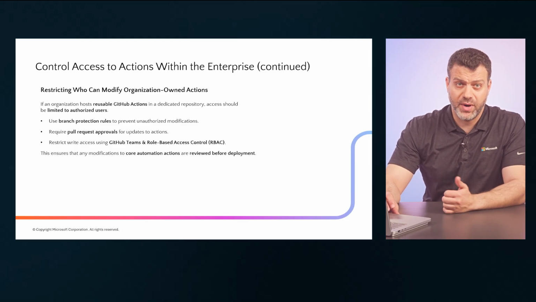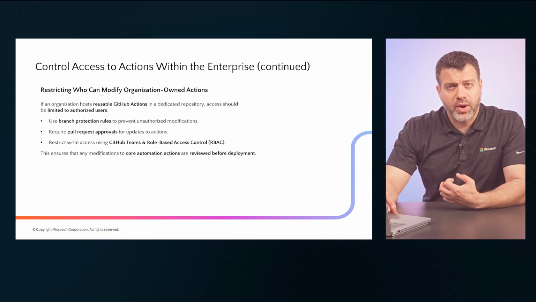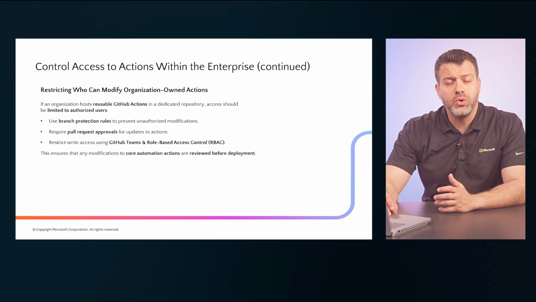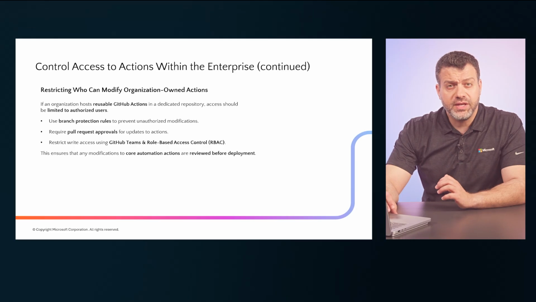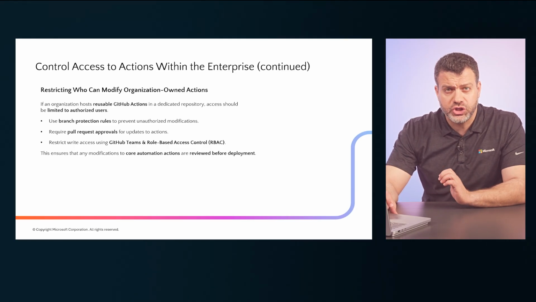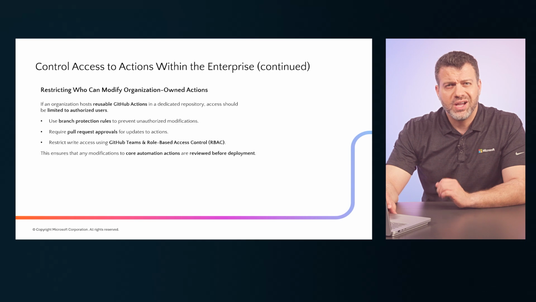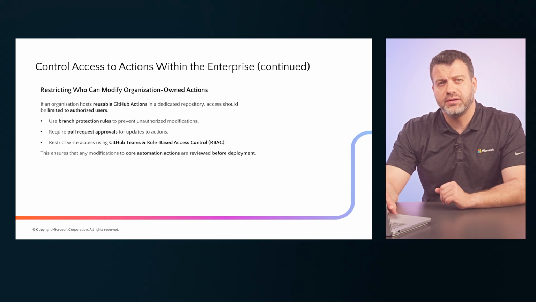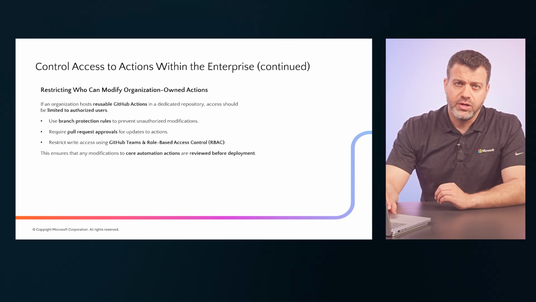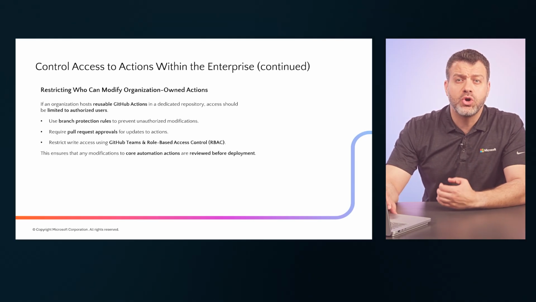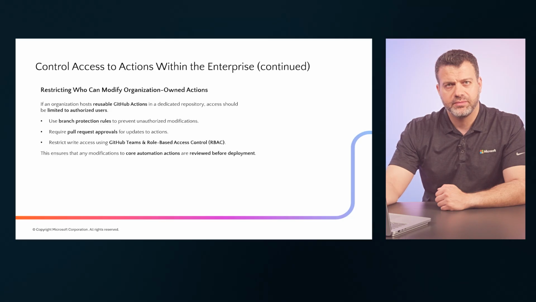This will prevent direct commits, require pull request approvals to enforce reviews, and RBAC to control who can make changes. This ensures that changes to shared workflows are reviewed, critical automation isn't accidentally broken, and security is maintained at scale. Your automation becomes production code. Treat it that way.